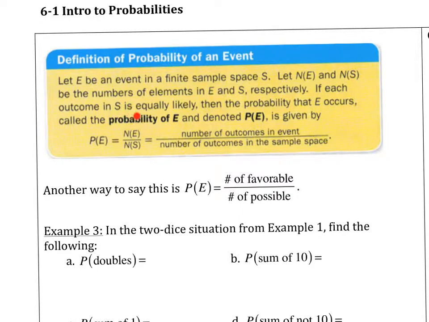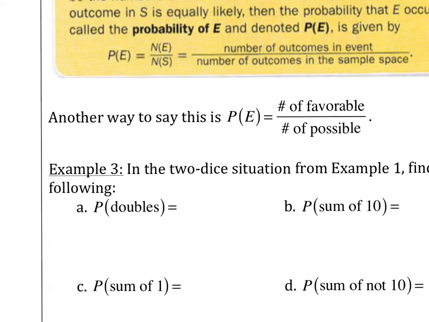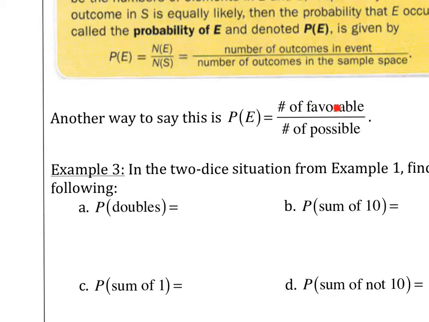If each outcome is equally likely, so there's no bias, there isn't someone orchestrating events, then the probability that E occurs is called the probability of E and is denoted P of E. And it is given by this: P of E is equal to N of E over N of S. So that's the number of outcomes in the event over the number of outcomes in the sample space. And maybe back in 6th grade, you looked at it like this: the number of favorable options over the number of possible options. What you want over what you can get.